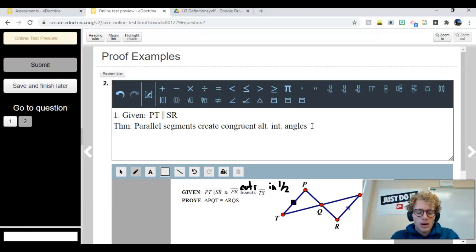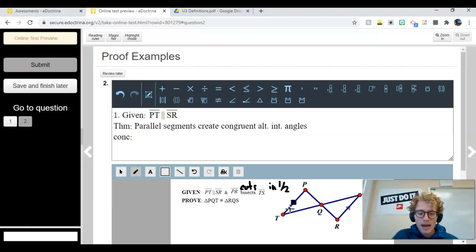Okay, and then our conclusion is that we get some congruent angles. So these are the parallel lines. This is a transversal. This is also a transversal. I'm going to work with this one just because I know where we're heading.